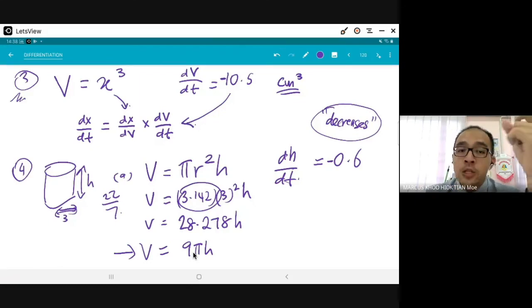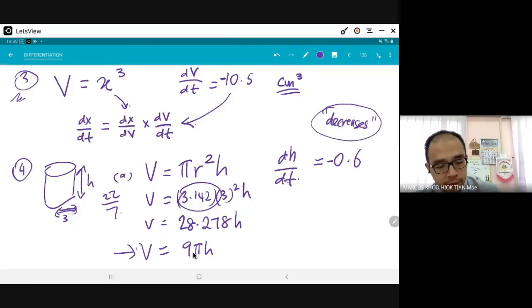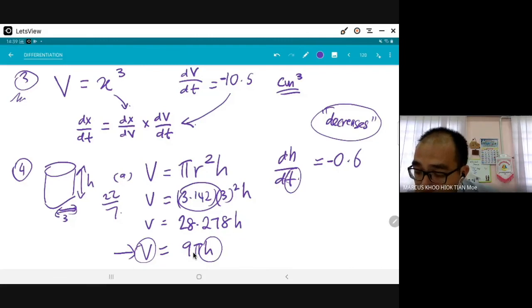So our 3 letters are obviously V, H, and T. Form the chain rule, please. What do we want to find? Find the rate of change of volume. What's the rate of change of volume? dV dt.